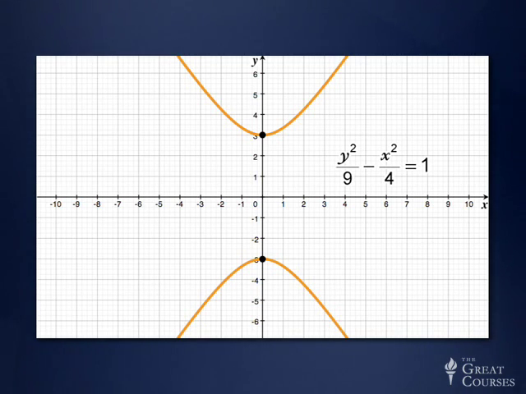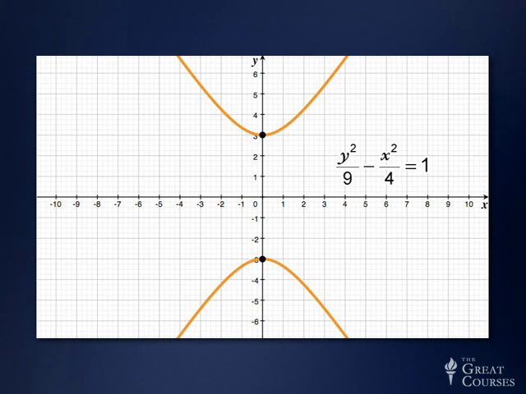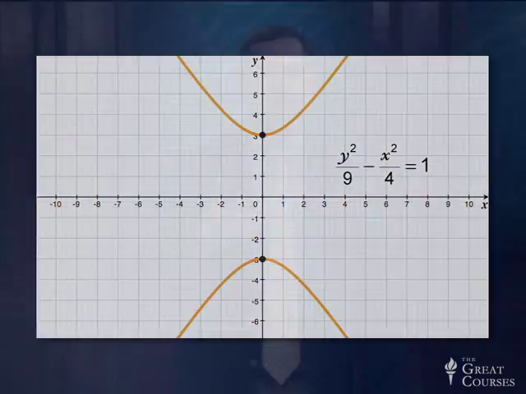And it's not a coincidence that those 3's are there, given that the denominator of the y squared term in that equation is 9, which is the same as 3 squared. That 3 that shows up in the vertices is exactly coming from the 9, which is 3 squared.